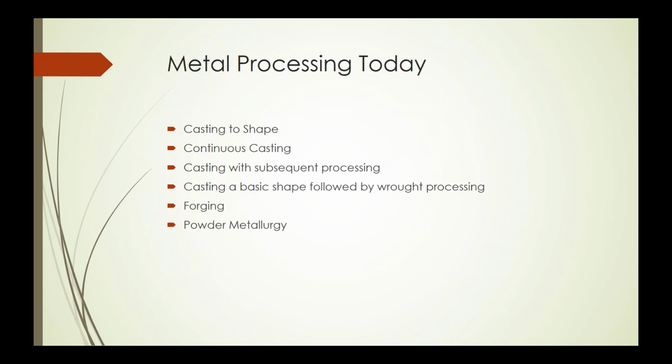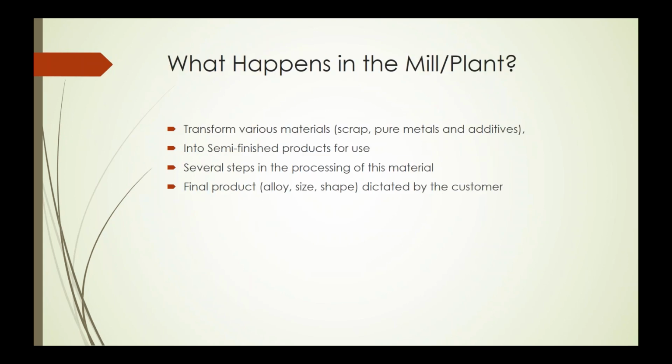Again, you cast something and then forge it. In other words, forging is a very large hammer, usually on a heated piece of metal, or you can use powdered metals, which is a development in the 20th century and on. So there's many ways you can do things.